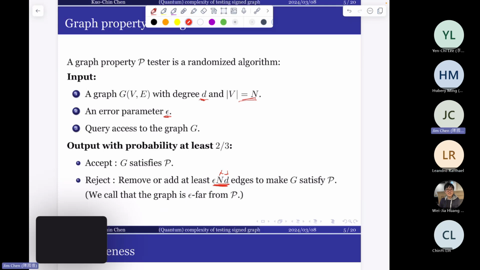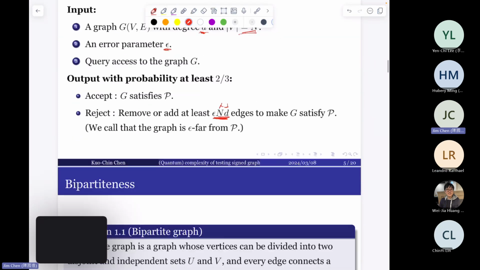In most cases, we assume that D is not proportional to N, and D is a constant that is independent of N. It is a fixed number. Okay. Thank you.